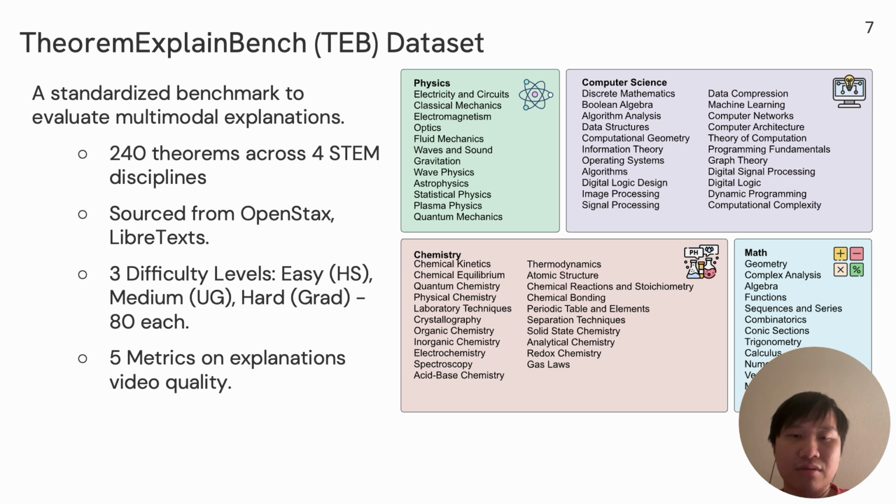We also introduce 5 scoring metrics that capture both textual and visual explanation quality. The 5 metrics are accuracy and depth, logical flow, visual relevance, element layout, and visual consistency across scenes.